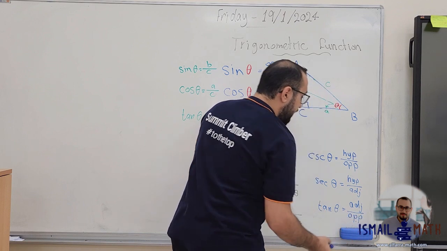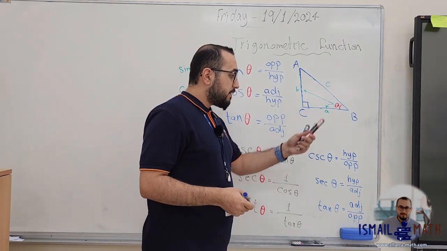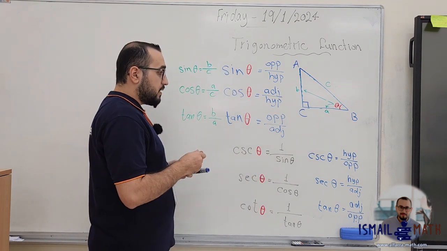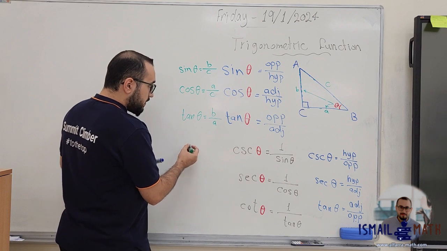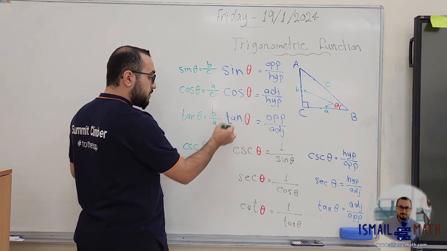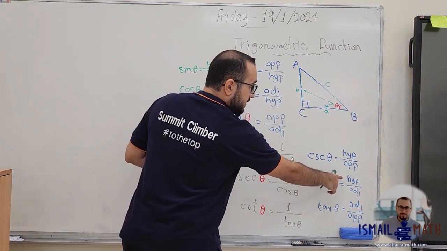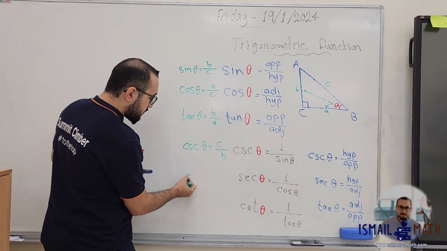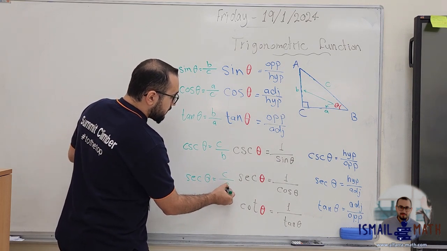So these are the trigonometric functions. Now if I need to use them to find my ratios, let me write it here. Cosecant theta is hypotenuse over opposite, which is c over b. Secant theta is hypotenuse over adjacent, which is c over a.